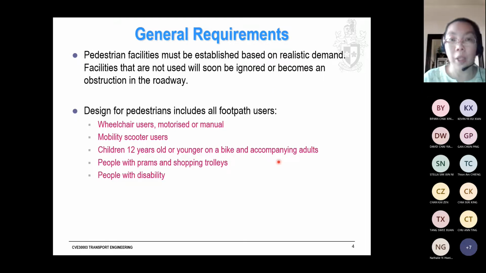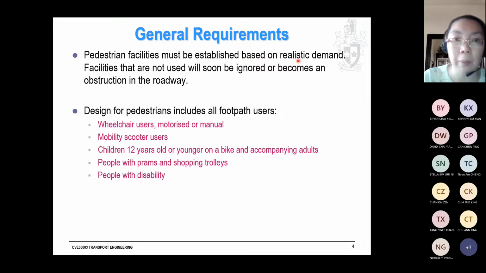All right, so general requirement for us to have pedestrian facilities. And when we say facilities here, we are referring to all sorts of different pedestrian crossings or helping the pedestrians to cross safely, such as your zebra crossing, traffic lights, all these are different facilities. All right, so pedestrian facilities must be established based on realistic demand.